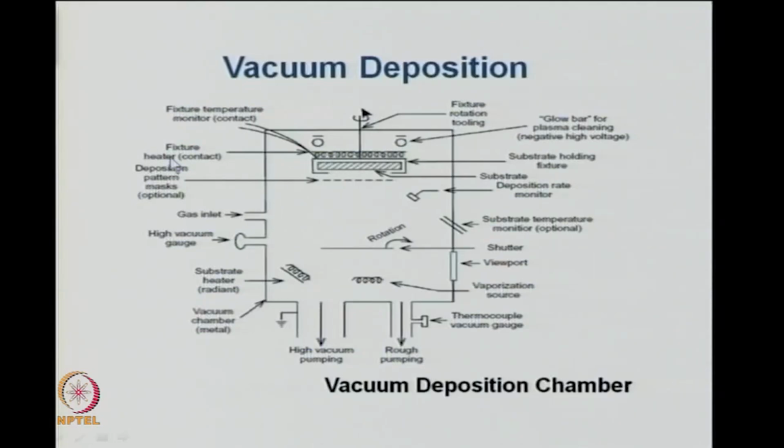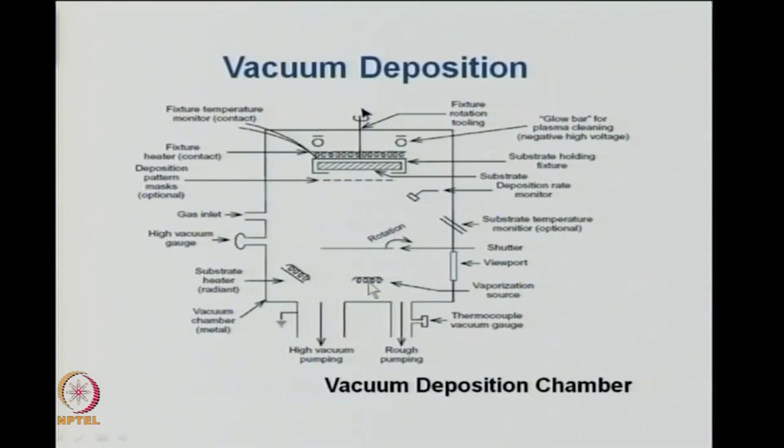That is the heater for the fixture, and you can also heat the substrate using a heater which is a little away from the substrate, and this will heat radiatively. So, you can heat the substrate holder or the substrate fixture, and of course you have to heat this coil which has the source which has to be evaporated.